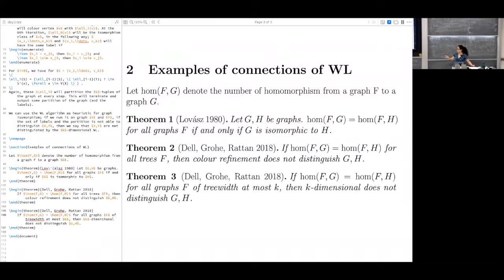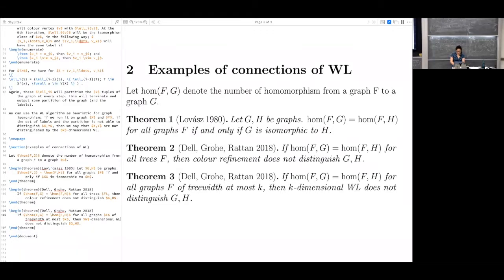They used to have tree width 2. Anyway, it's just a structural measure of how complicated the graph is, if you consider trees to be the least complicated and complete graphs to be the most connected. But I'm not able to define it here.